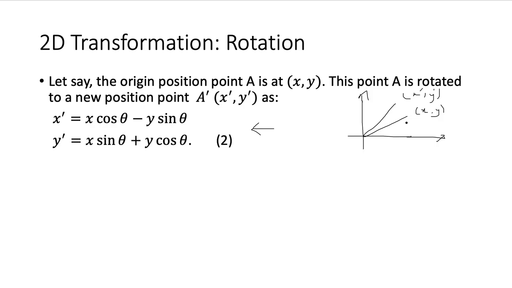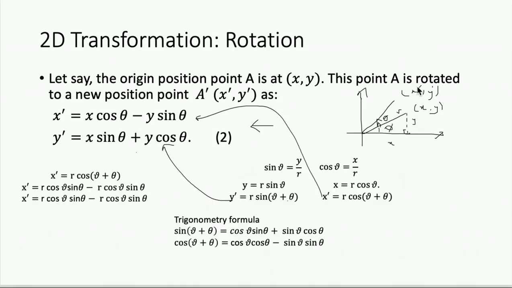After we rotate (x, y) to a new position with a certain angle, we get our new position here. How can we get x prime, y prime?